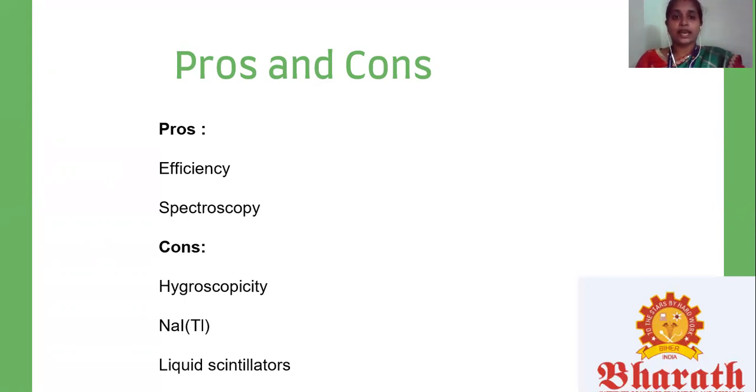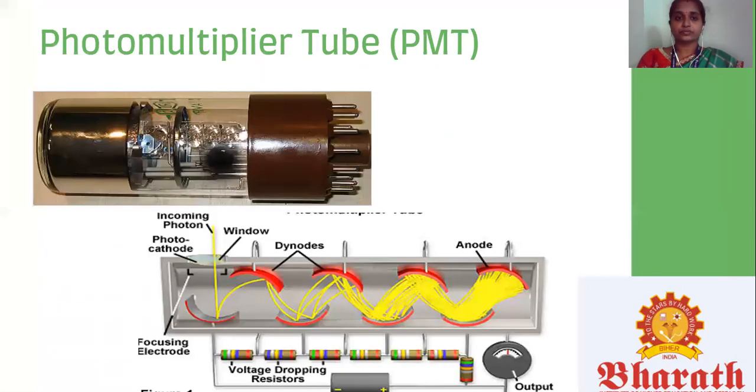Next, NaI(Tl) has poor beta or alpha response and poor low energy gamma response. Next, the liquid scintillators are relatively cumbersome. So these are the advantages and disadvantages of the scintillation counter.